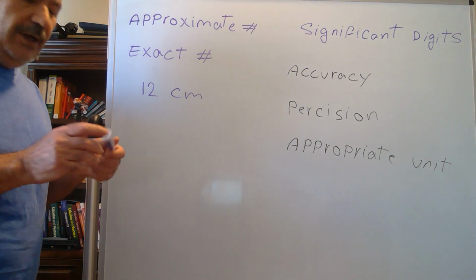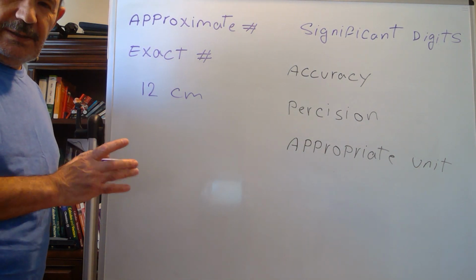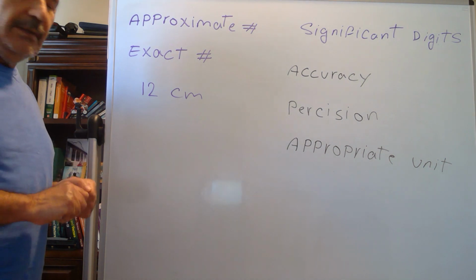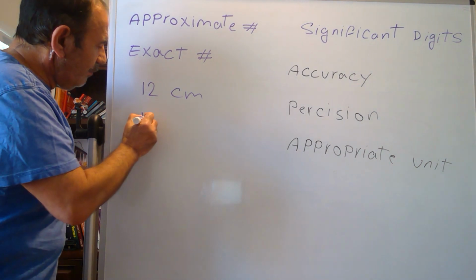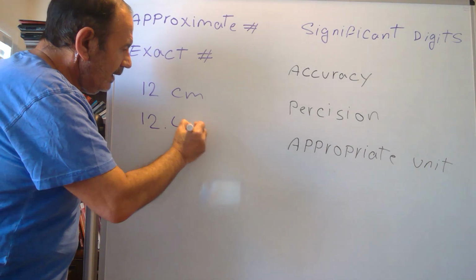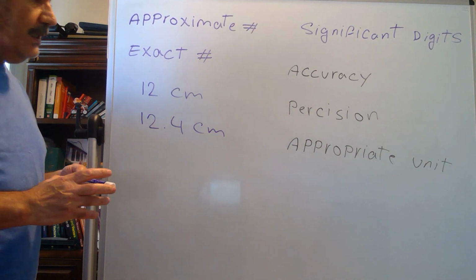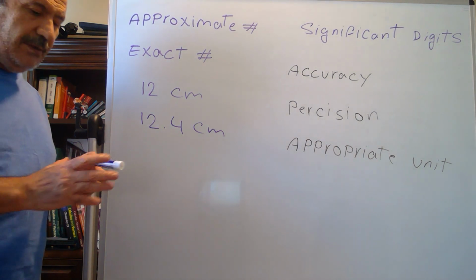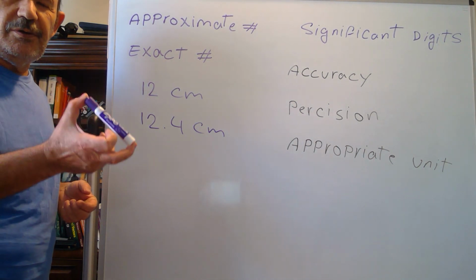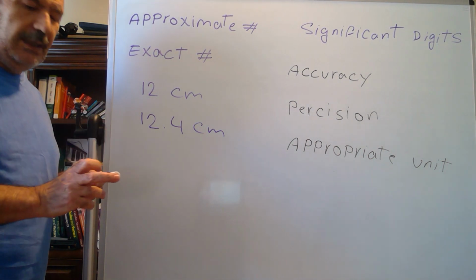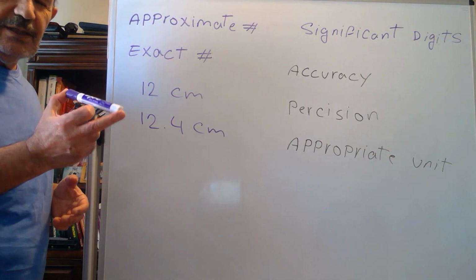Okay, if I look at the tape or the ruler carefully, maybe my number is 12.4 centimeters, the length of this marker. Now imagine instead of using a ruler or measuring tape, I use a micrometer or a caliper, a more accurate device to measure this.